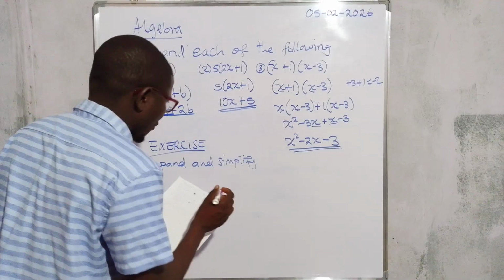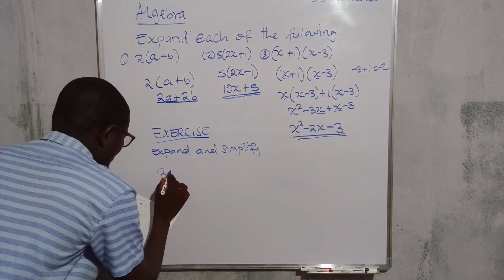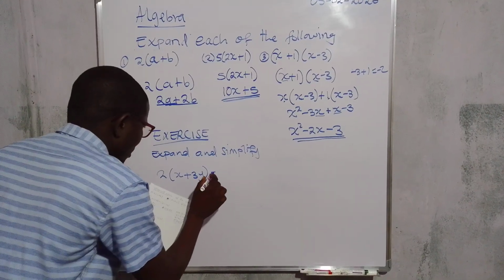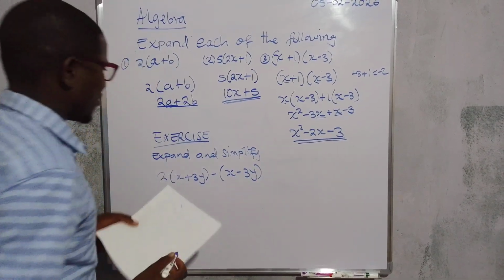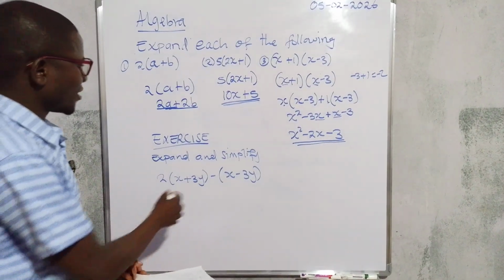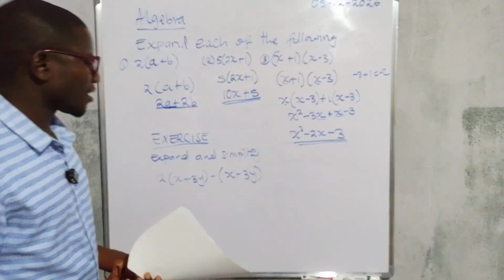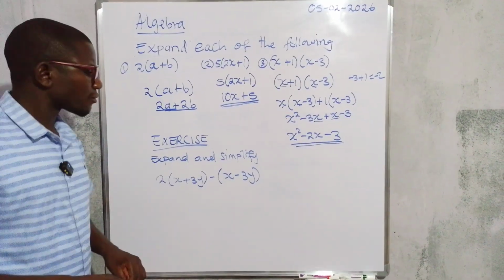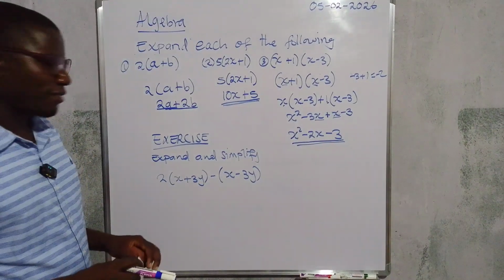So you have 2, plus 3y, minus x minus 3y. This is the question that I want you to try. So you try to expand and simplify this, and you let me know the answer that you are going to find. Just write your answer under the comment section there. I'll be able to check your answer and then I'll be able to give you feedback.